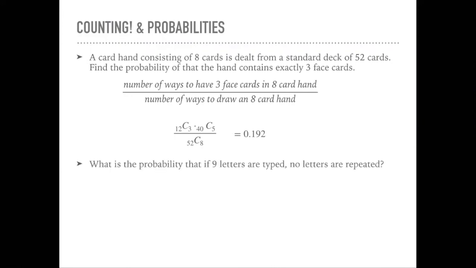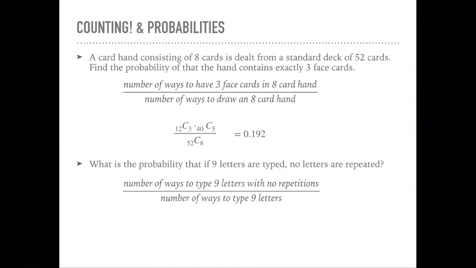One more here. So what is the probability that if 9 letters are typed, no letters are repeated? We're looking at the number of ways to type 9 letters with no repetitions divided by the number of ways to type 9 letters, allowing repetition. So in our numerator, I have 26 letters in my alphabet.